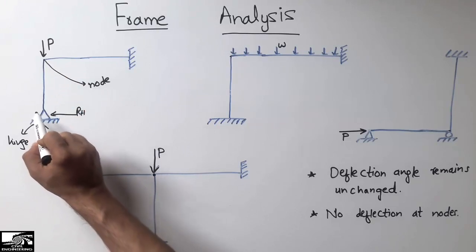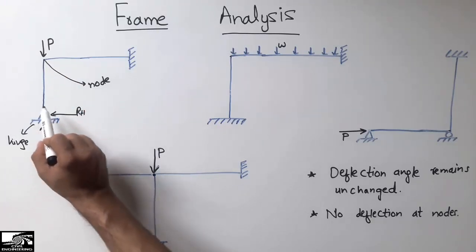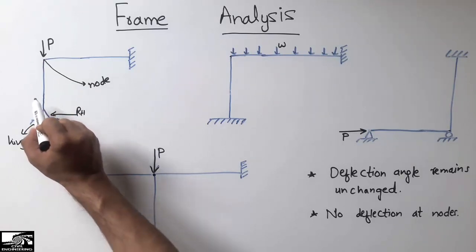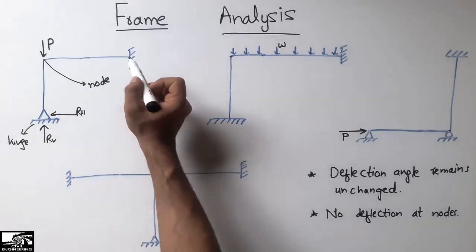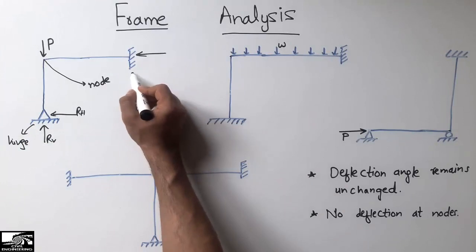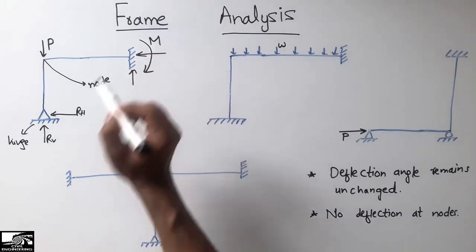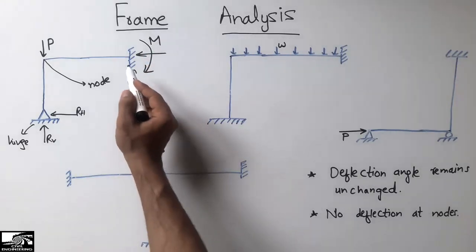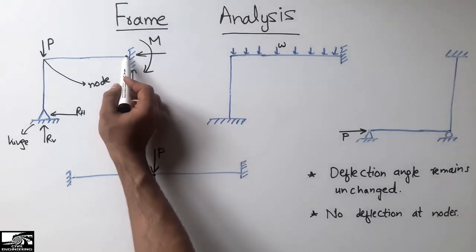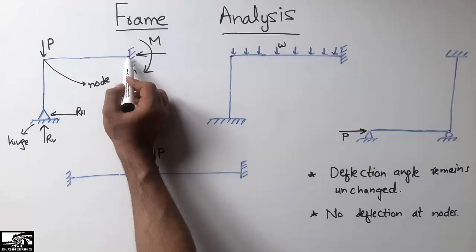Due to the load, this point will show rotation. Here we can see a fixed support, which resists the horizontal and vertical forces as well as the moment. So there will be no deflection and no rotation at this point.